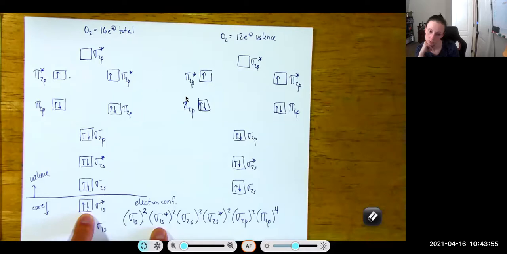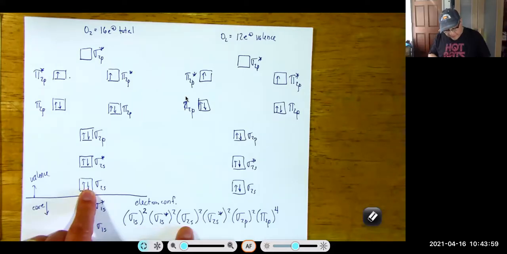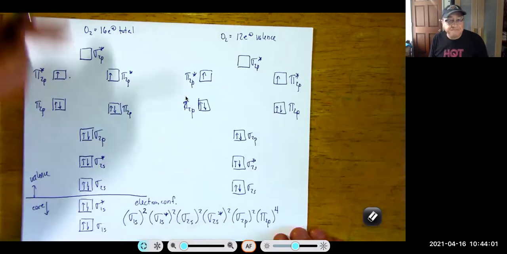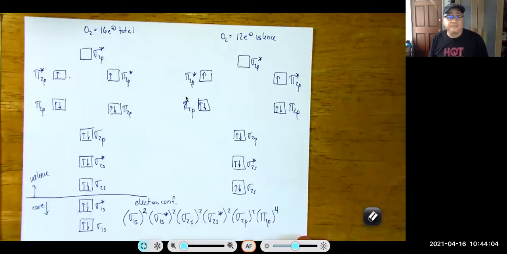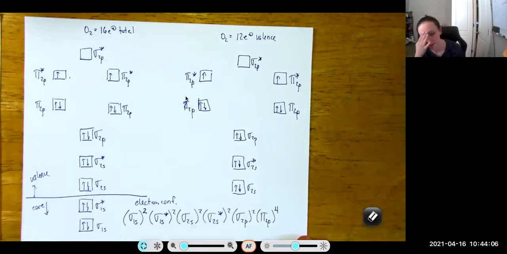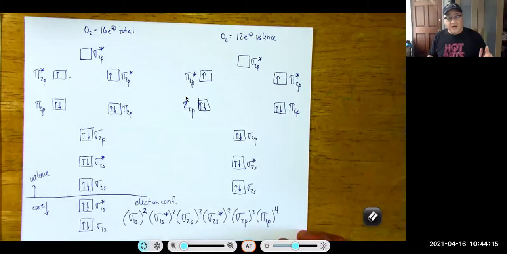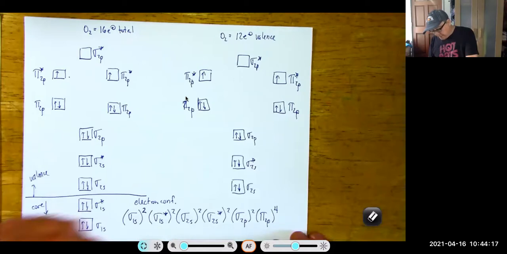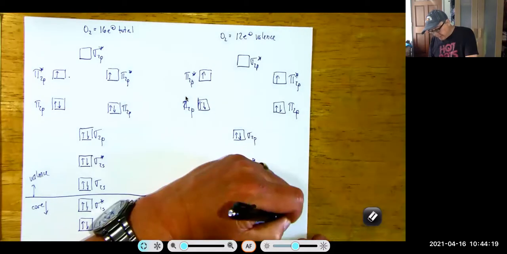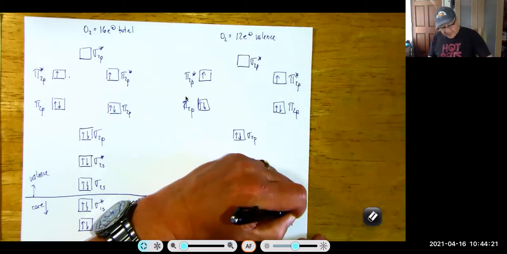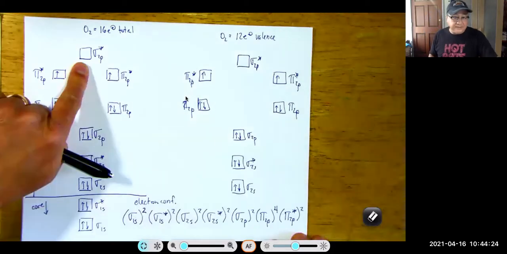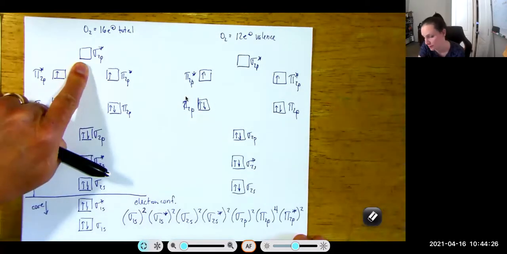Yeah. They match. So basically, I'm reading from the bottom and going up. Okay. I was just confused why we only had one sigma 2p, but it doesn't have an electron. The other one doesn't have electrons. Ah, we do have a pi 2p star with 2 electrons. And since this one's empty, we don't write it. Yeah, that's what I was thrown off by.